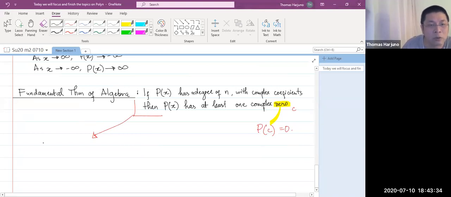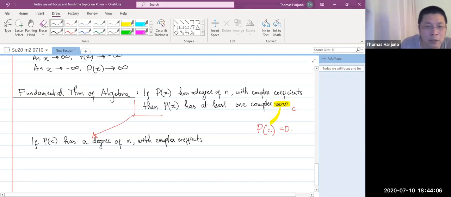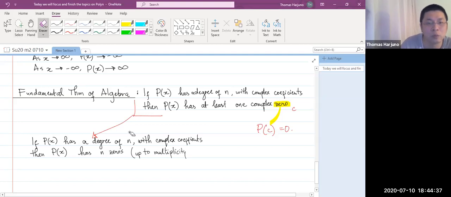The direct consequence is the following: if P(x) has a degree of n, with complex coefficients, so that includes all the polynomials we will be dealing with in this course, then P(x) has n zeros, counting multiplicity.